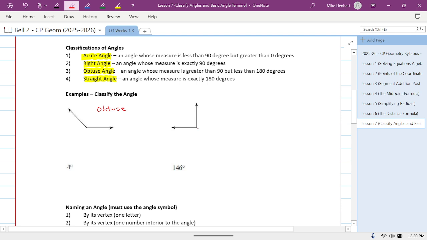This angle looks like a right angle, so we're going to call it a right angle. It looks like 90 degrees. The next one, they tell me is 4 degrees. Well, 4 degrees is acute. And then the last one, 146 degrees, that angle would be obtuse. Okay?